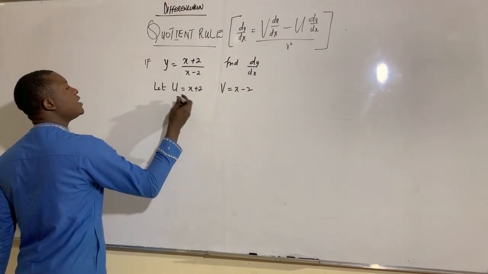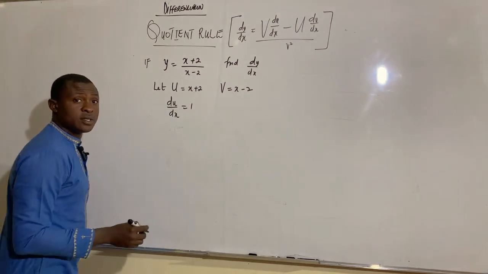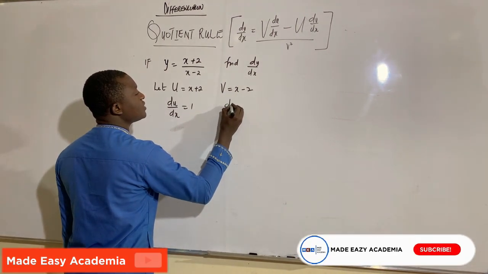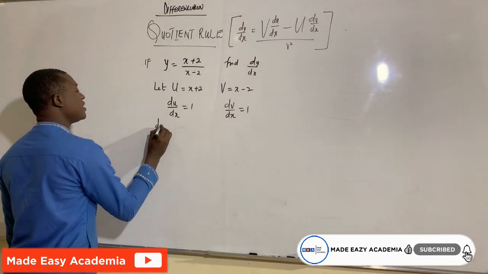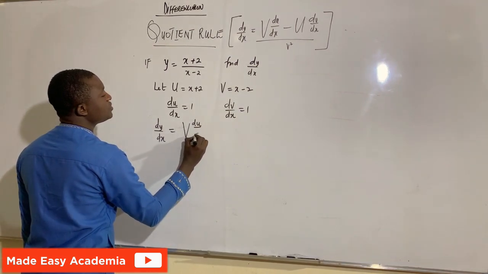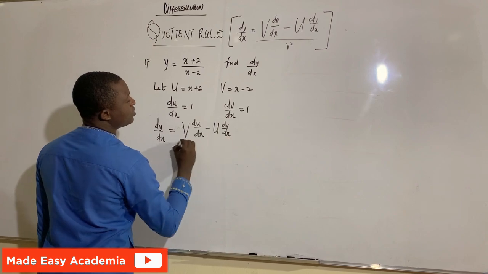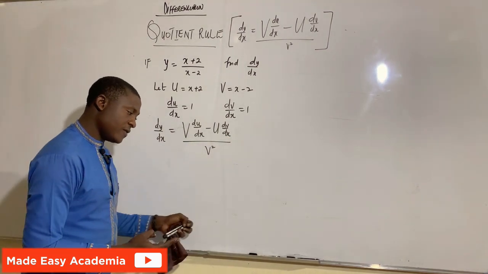So du/dx is equal to 1, because the differential of a constant is 0. And dv/dx here is also 1. So the formula is dy/dx equal to v du/dx minus u dv/dx, all divided by v squared. Let's plug in the values one after the other.